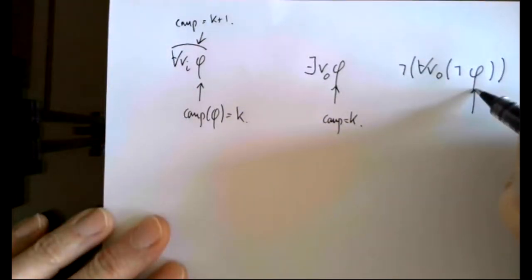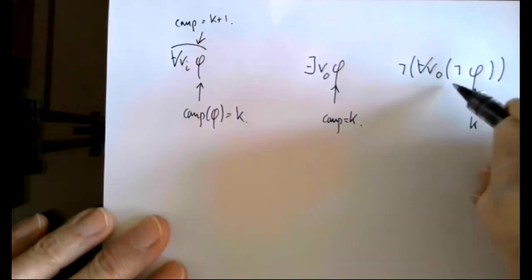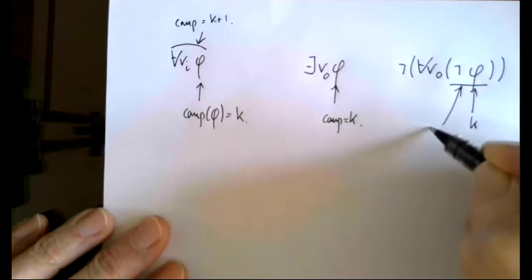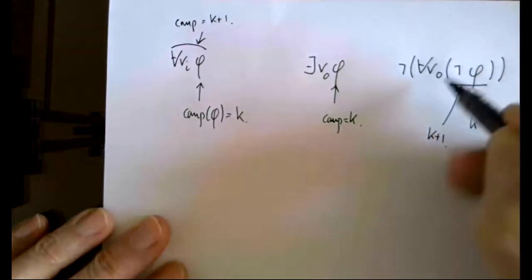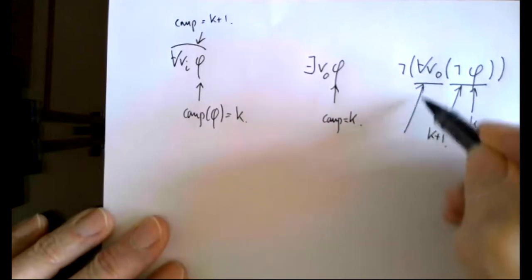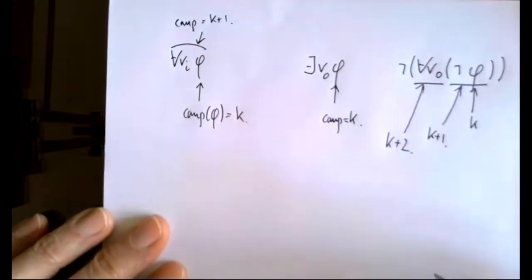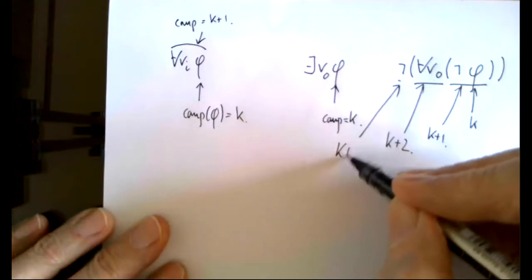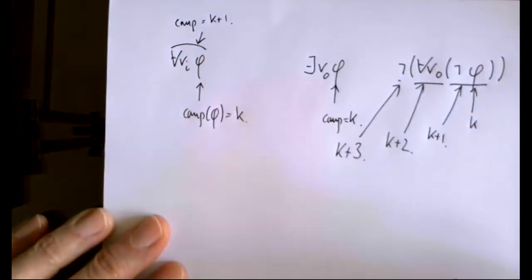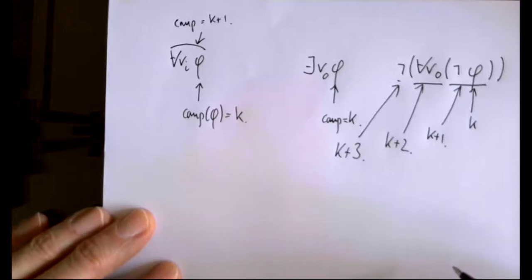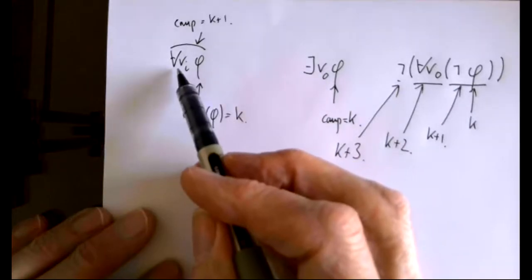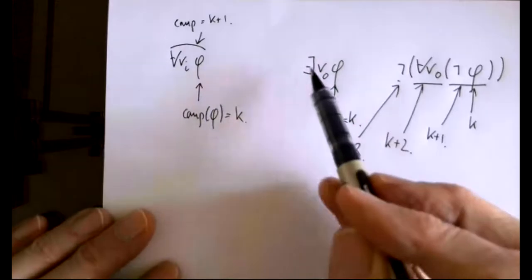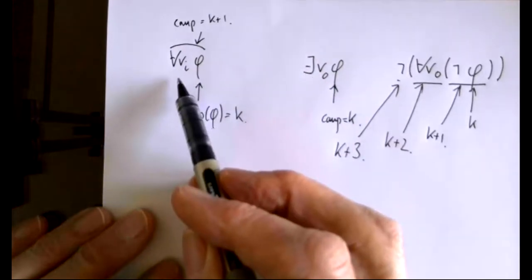So this has complexity k. This has complexity k plus 1. I put the for all on the front, so this has complexity k plus 2. And there's another negation at the front here, so it ends up with complexity k plus 3. But that's only because we're choosing for all as basic and we're defining exists in terms of for all.